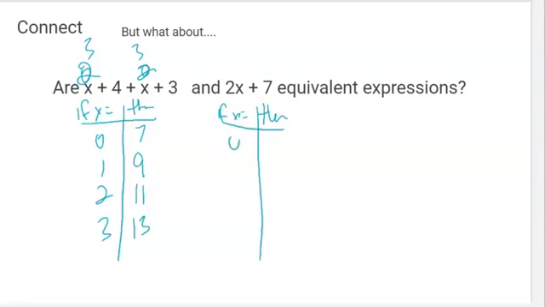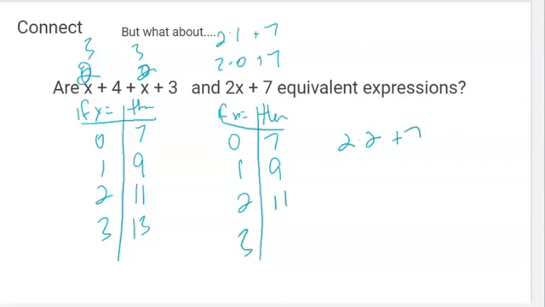Let's check this one. If x equals 0, I've got 2 times 0, which is 0, plus 7 is 7. If x equals 1, then I've got 2 times 1 is 2, plus 7 is 9. If x equals 2, then I've got 2 times 2, which is 4, plus 7 is 11.